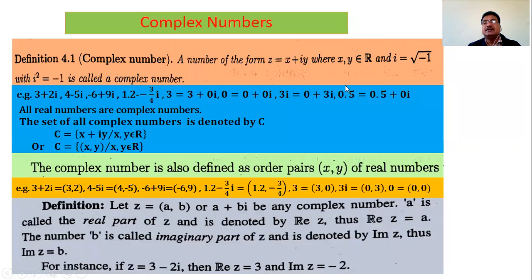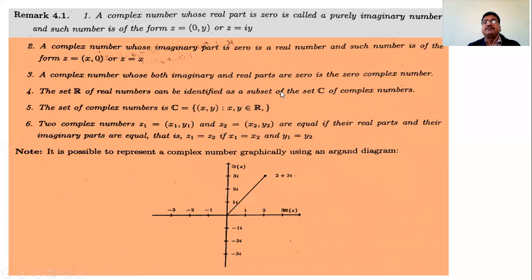For example, 3i is a purely imaginary number, whose real part is 0. A complex number whose imaginary part is 0 is called a real number, of the form z is equal to x comma 0. That is, z is equal to x, or z is equal to x comma 0.